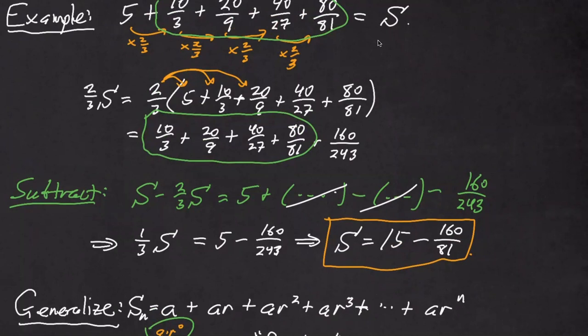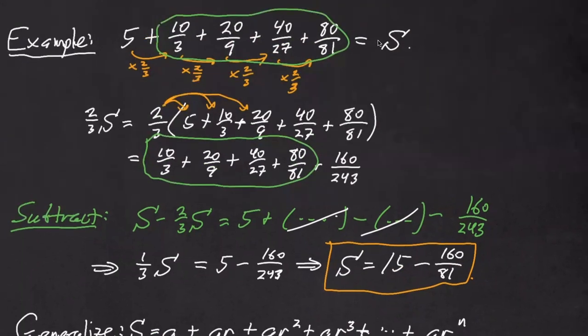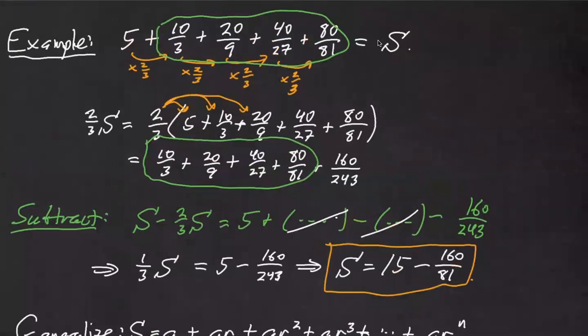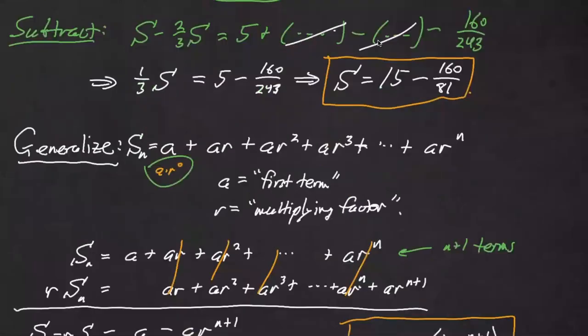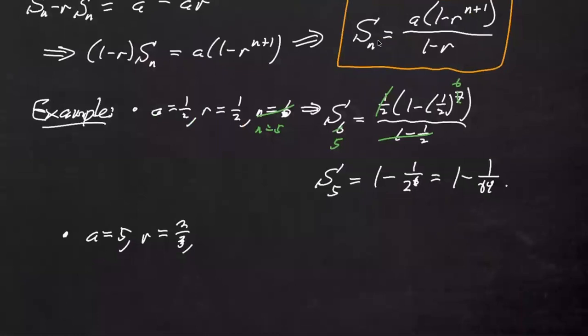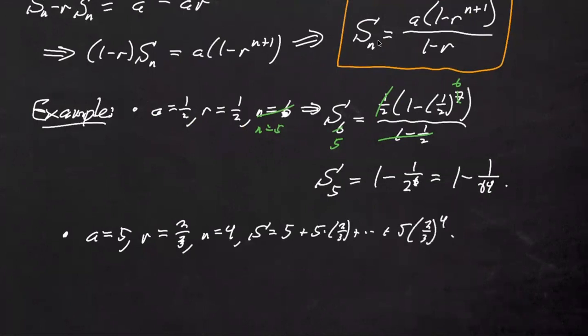Again, that's why it makes a lot more sense to just derive it and not use the formula, because we go up to 2/3 to the 4th, right? We get 5 plus, let's just call this S, 5 plus 5 times 2/3, and the last one is 5 times 2/3 to the 4th.